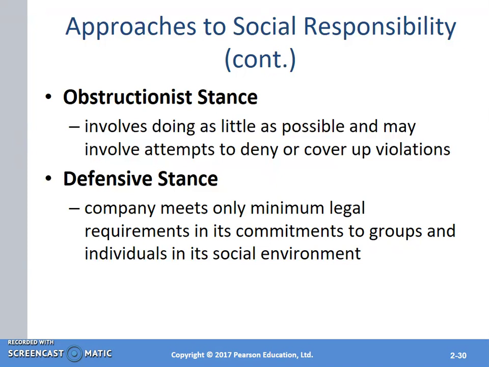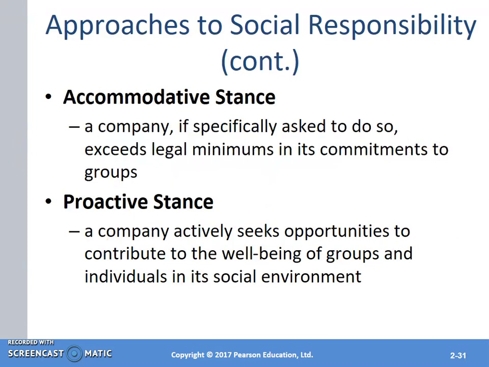For example, you produce a food and beverage product, so you have to send your product to be examined by the Ministry of Health. That is because of the requirement, not because the company is willing to do it. That is what we call the defensive stance.